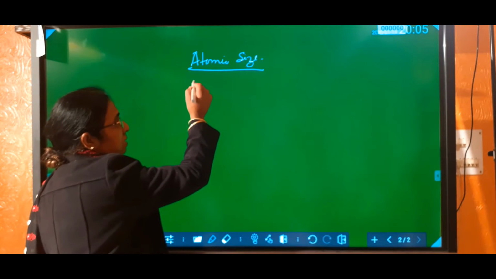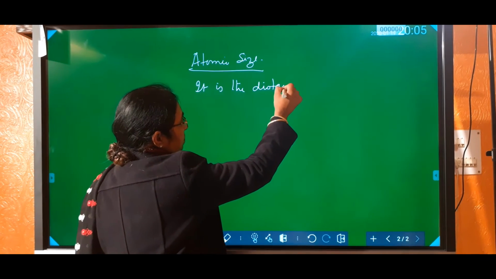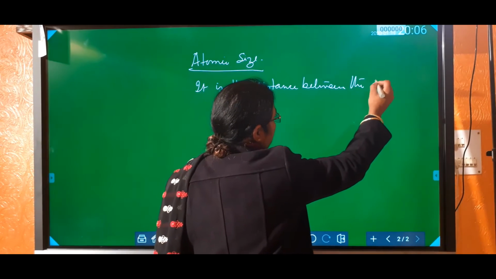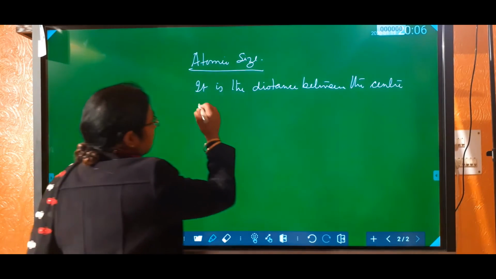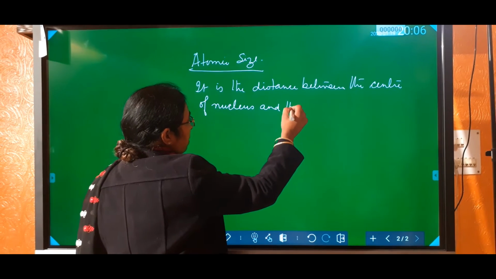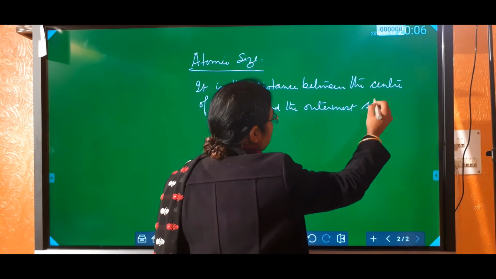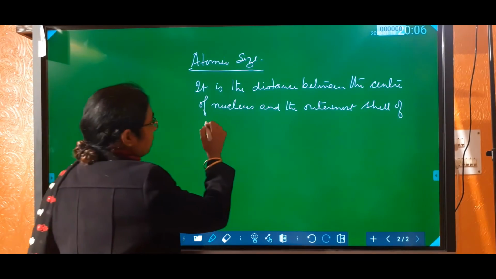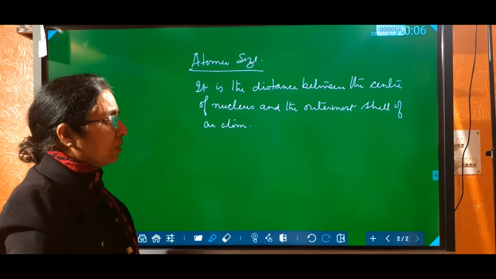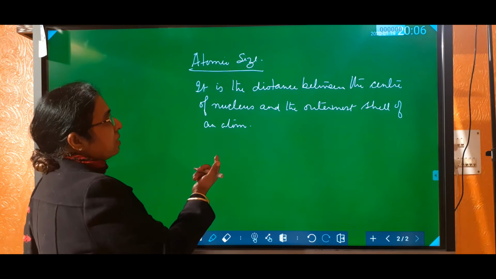Atomic size is the distance between the center of the nucleus and the outermost shell of an atom. That is the radius, so we can say atomic radius is taken as the atomic size.